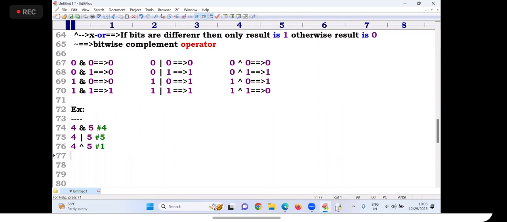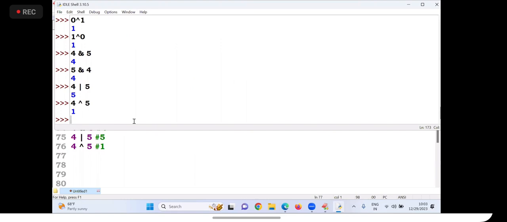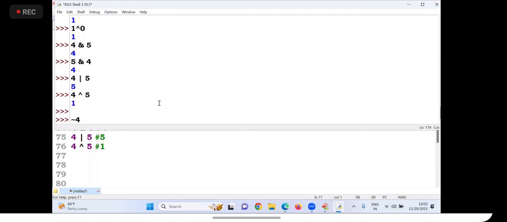Tell this one, anyone. Complement of 4. 3. Okay, his answer is 3. Anyone else? He is telling 3.